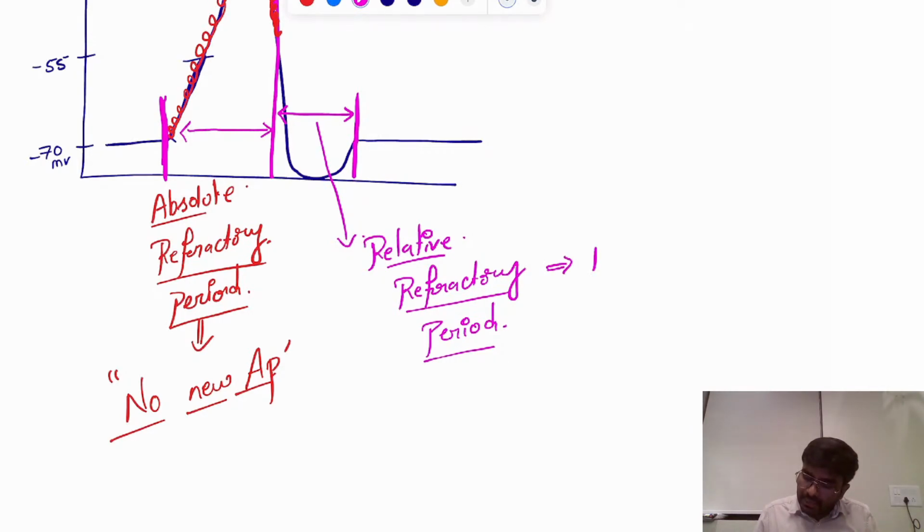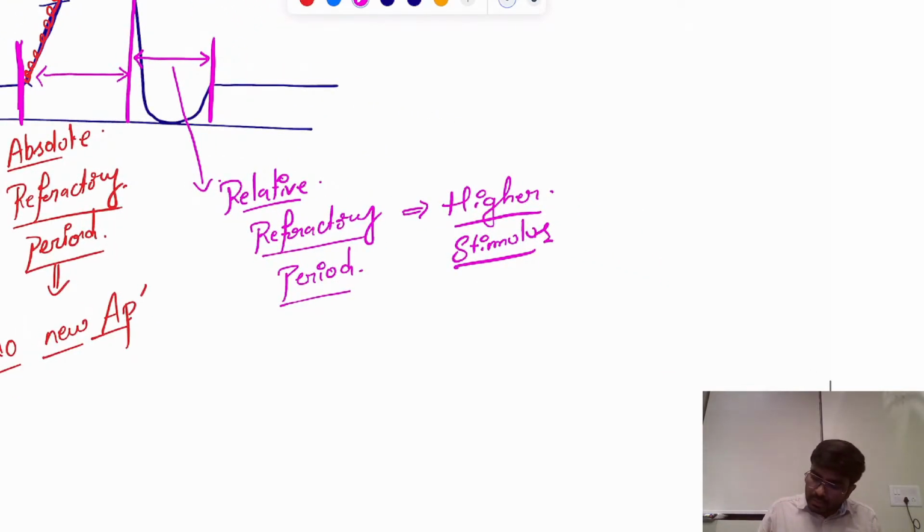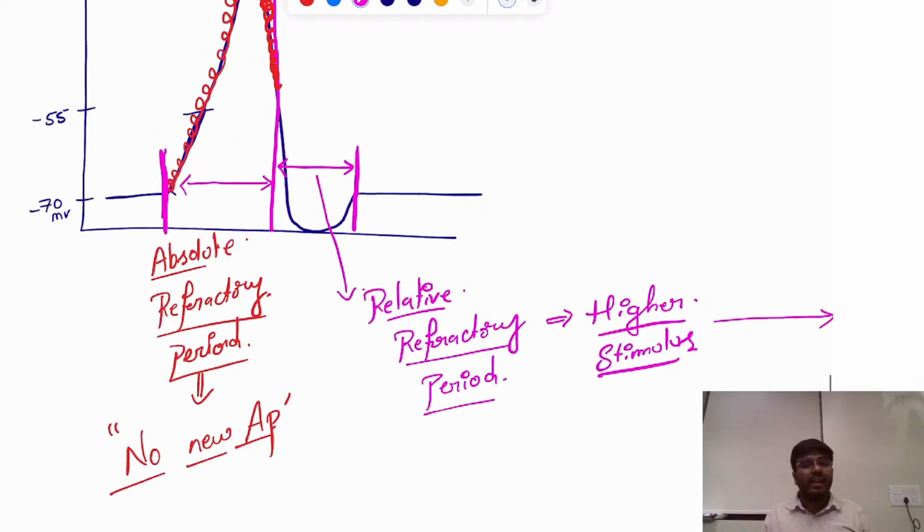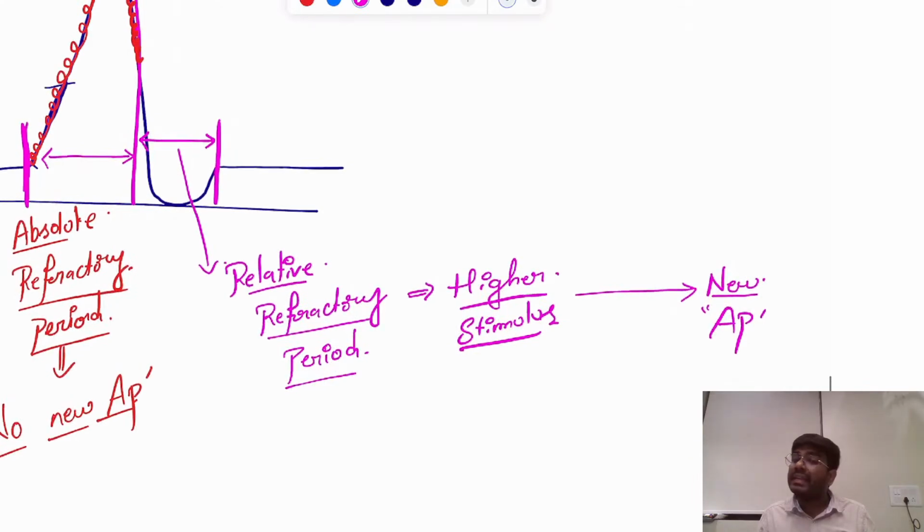Giving a higher stimulus, there is a possibility for the generation of a new action potential. So these are two important things needed: the absolute refractory period, with no generation of any action potential, and the relative refractory period, in which yes, you can generate an action potential.